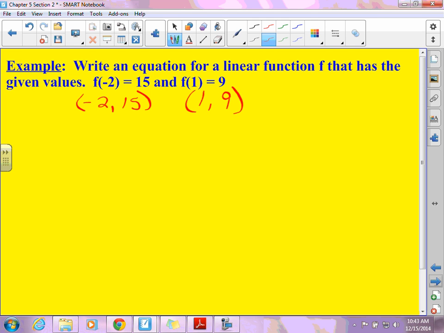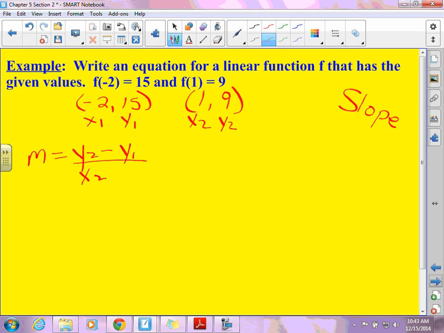Yep, so I got x1, y1, x2, y2. M equals, what's the formula? Over. Excellent. Okay. Y2 is 9 minus 15 over 1 minus -2.